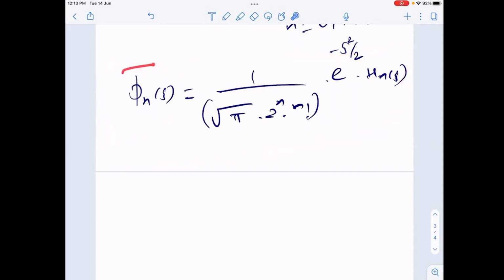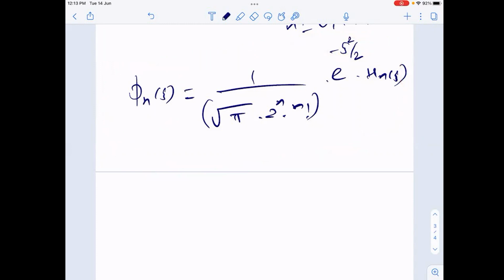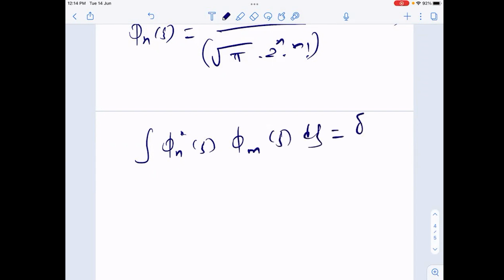That means it can be normalized in the way we normalize state vectors, right? So if we normalize it, the normalization will be the integral of phi n star(chi), let's say some state phi m(chi), d chi, equals delta nm.